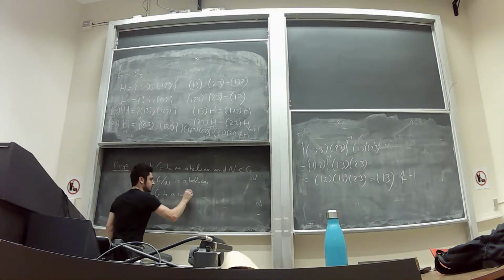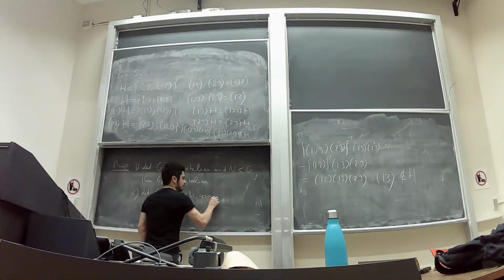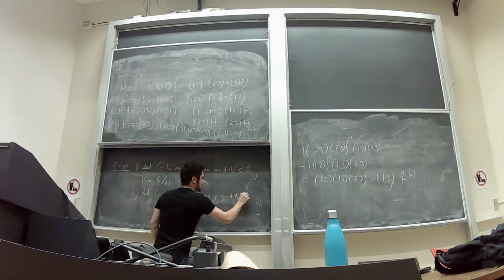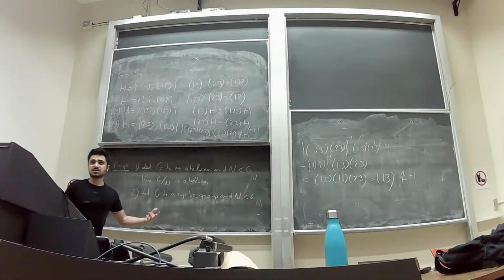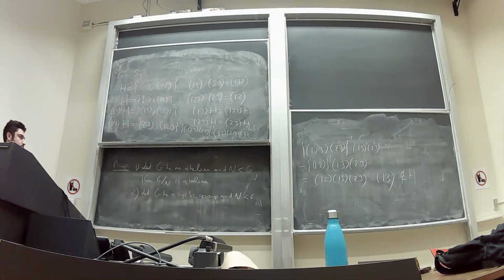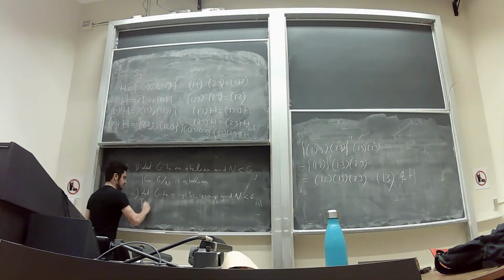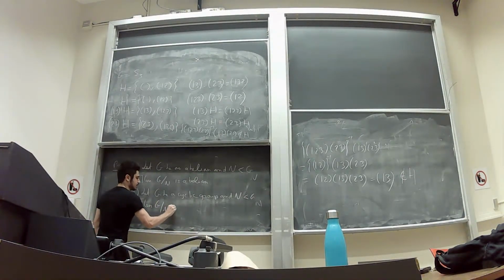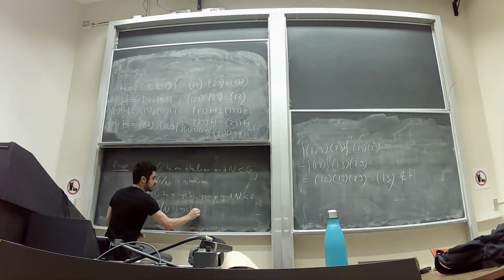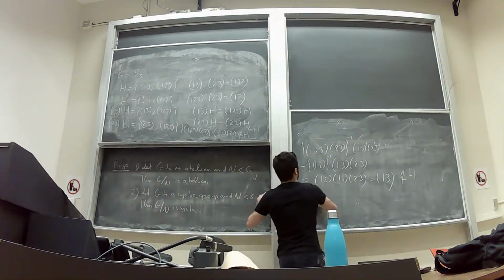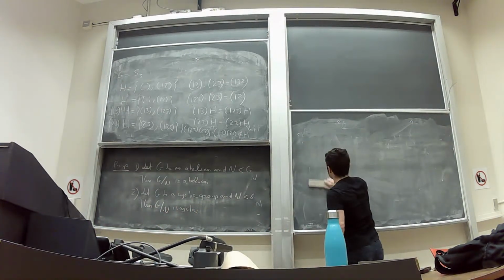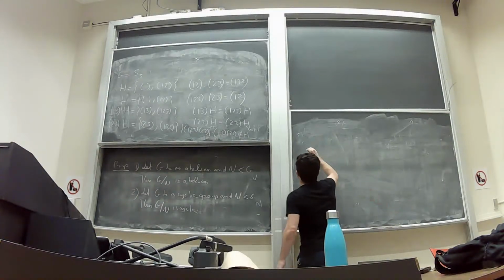Two: if G is a cyclic group and N a subgroup of G, if N is a subgroup of an Abelian group, then N is normal. Then G mod N is cyclic. I'll prove one, and I'll leave two as an exercise. Then I'll do one more proposition. Proof of one.